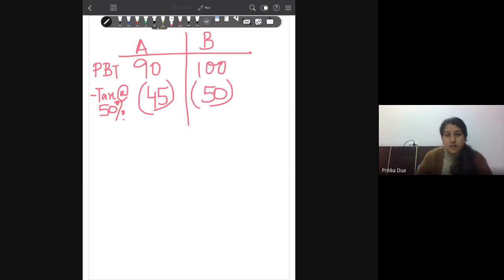50 rupees. So what has been the benefit of having debentures in your capital is that your tax liability has reduced. Okay, your tax payment has reduced. And that is why we say that interest is tax deductible.